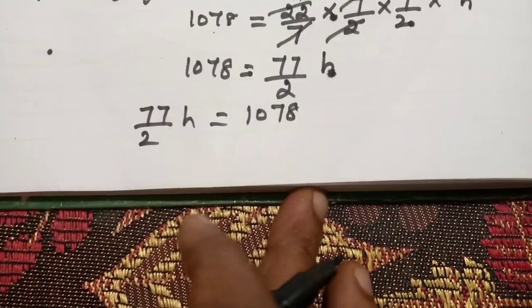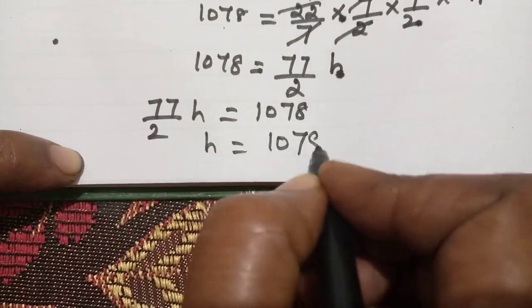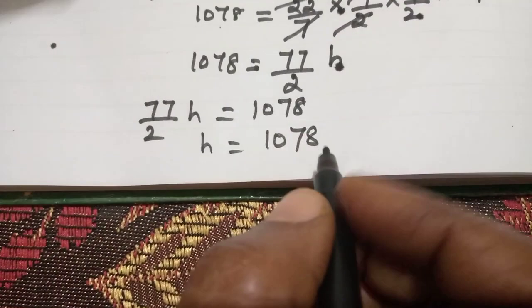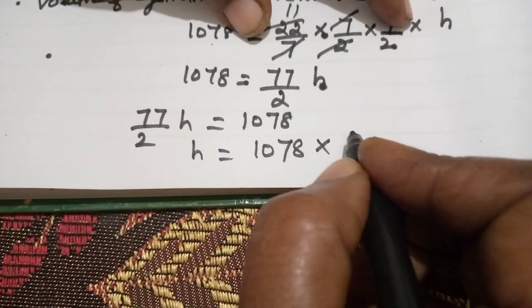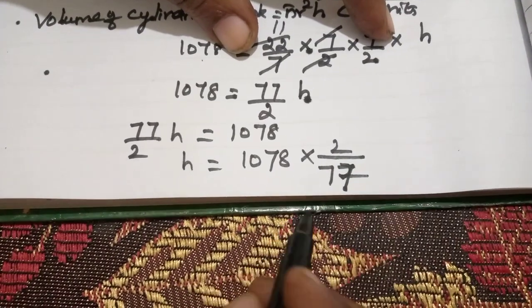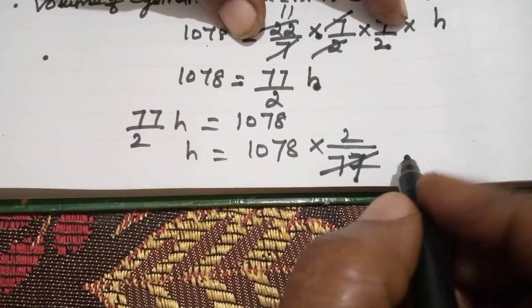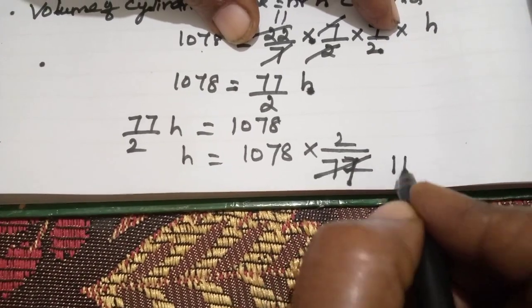From here height is equal to 1078. The 77 by 2 taken this side becomes 2 by 77. 77, using 11 table, let us cancel. 11 table or 7 table take. 1, 1. 7 table.